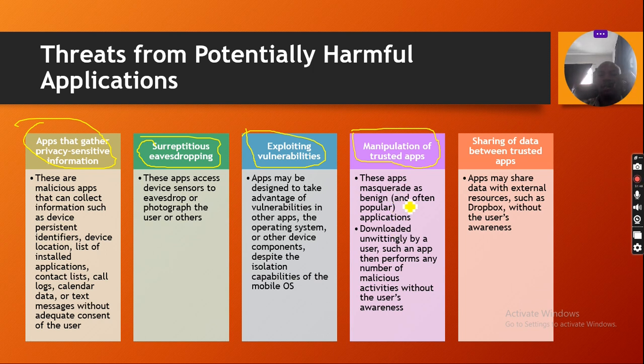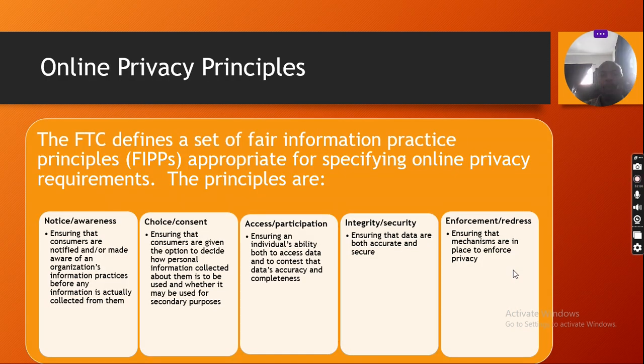Okay, they are like masquerades. Then another threat coming from here is the sharing of data between trusted apps. Apps may share data with external resources such as Dropbox without the user's awareness, without you knowing that your app is sharing data with another app.